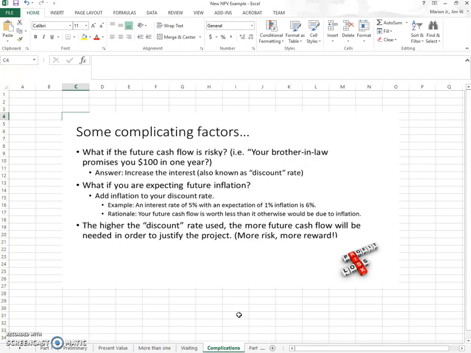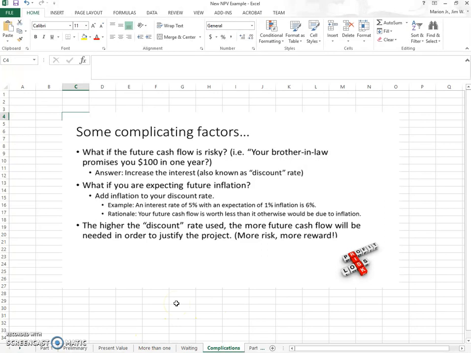You just add the inflation to your discount rate. An interest rate of 5% with an expectation of 1% inflation is 6%. The rationale, your future cash flow is worth less than it otherwise would be because inflation, like the money coming in tomorrow, is worth less, so you need to have more of it. And the way you reflect that is increasing the discount rate. So in general, the higher the discount rate used, the more future cash flow will be needed in order to justify the project. In other words, more risk, more reward.